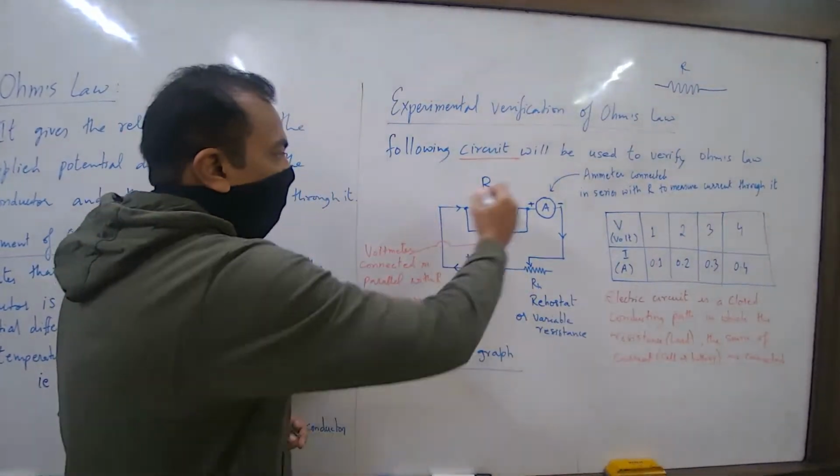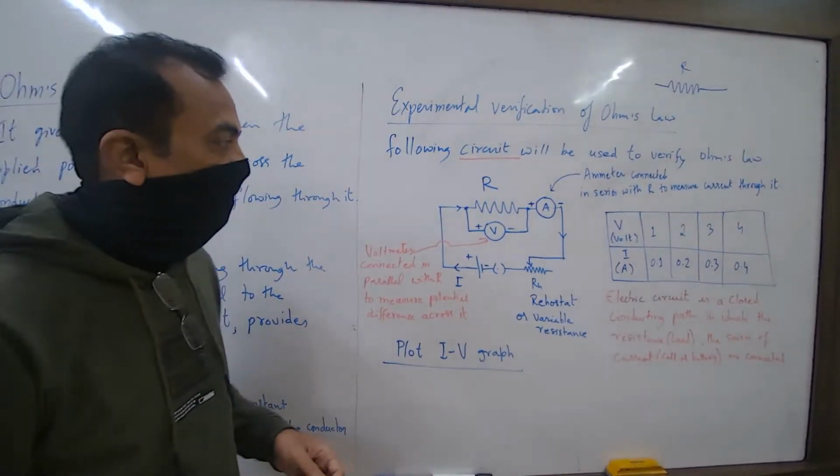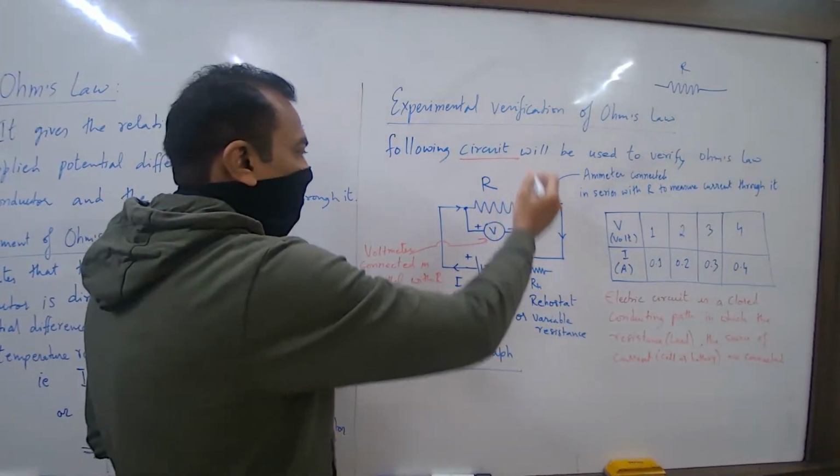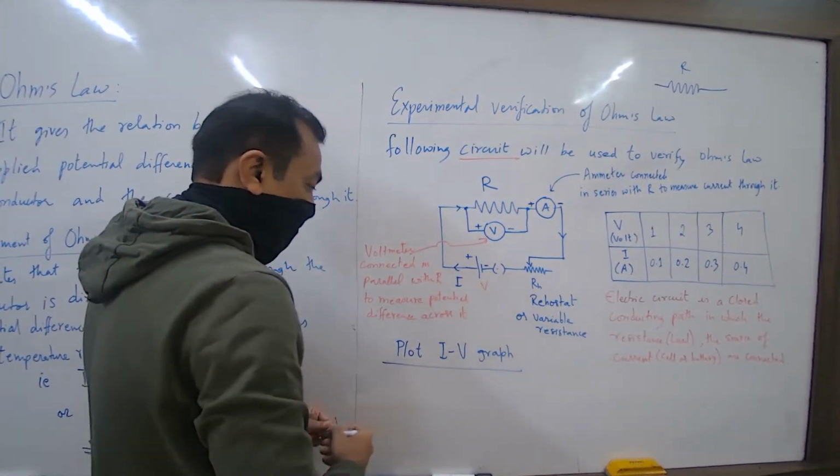So it must be a closed conducting path. This is what we call an electric circuit. So what all is connected? You have a resistance and then you have a cell at least. So this is V.